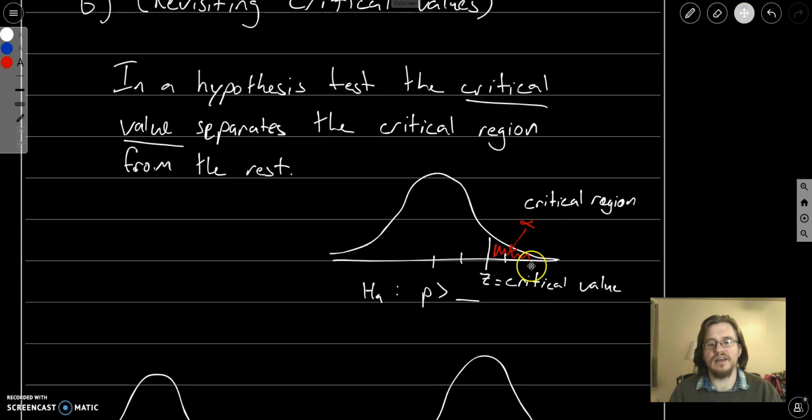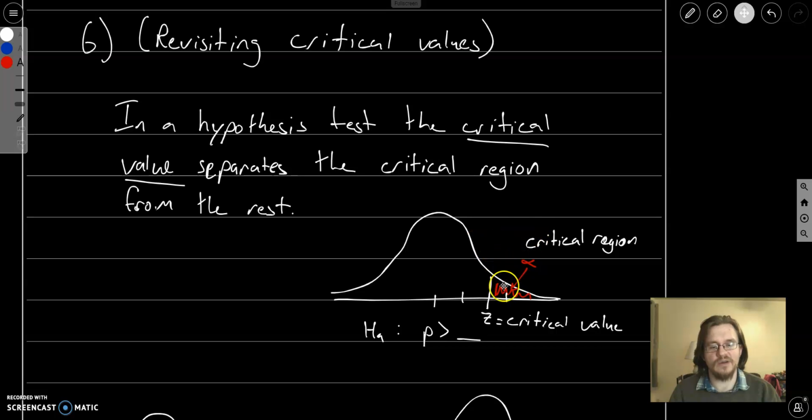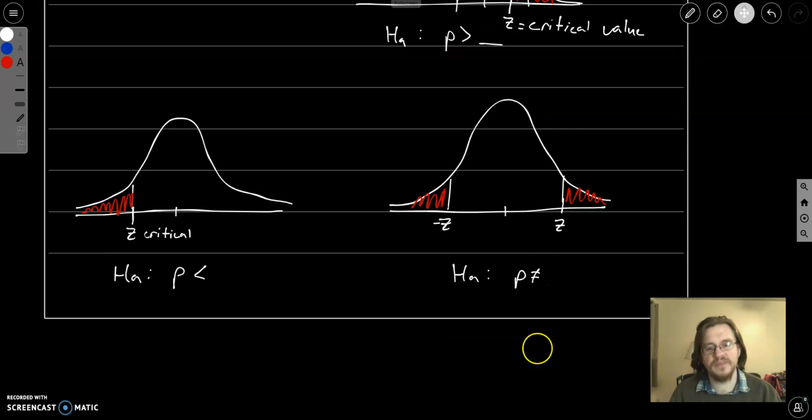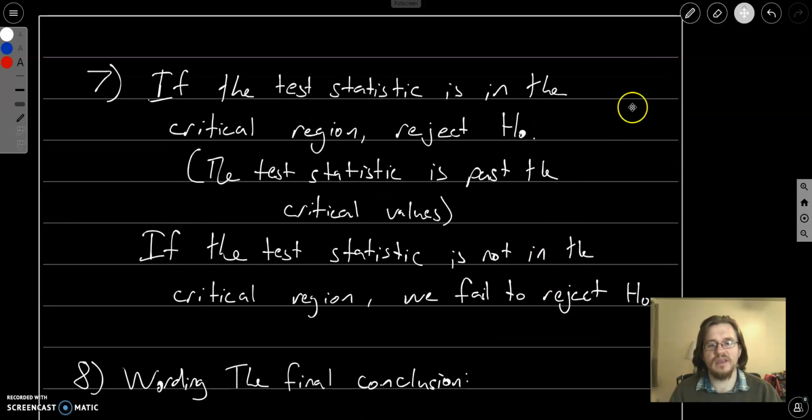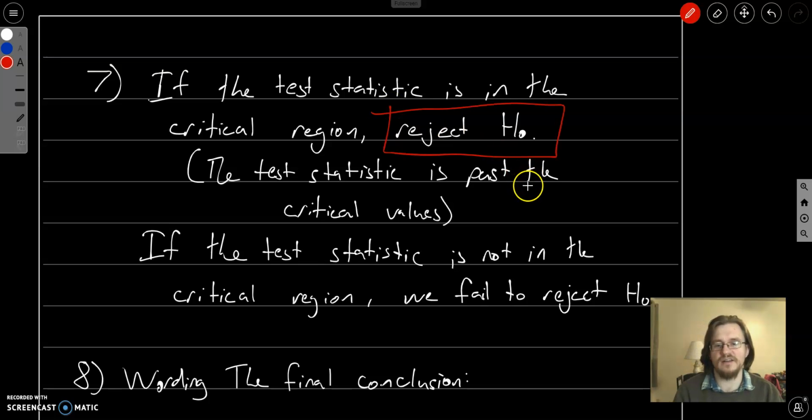So essentially, we're just looking to see whether or not our test statistic falls in the critical region. If the test statistic is in the critical region, i.e. the rejection region, we reject the null hypothesis, and essentially the test statistic extends past the critical value in some sense.